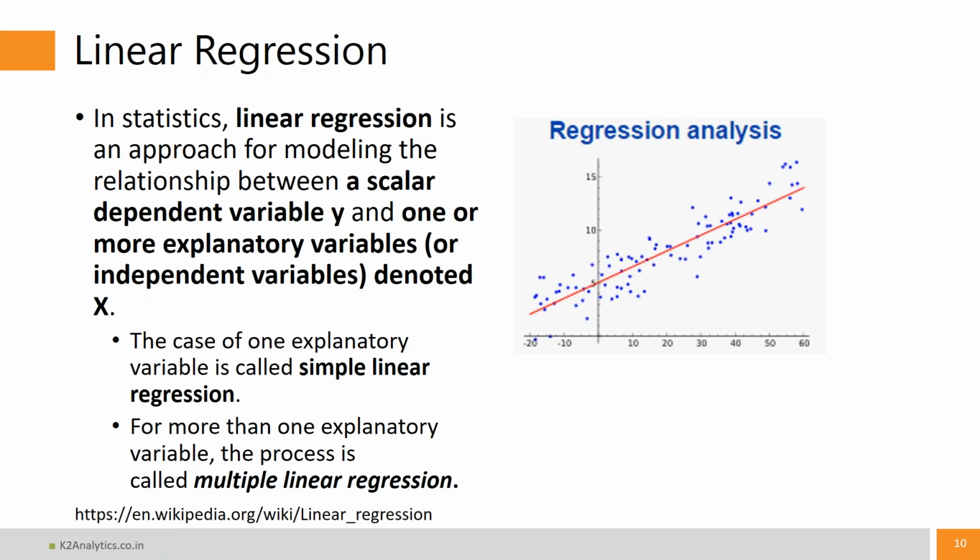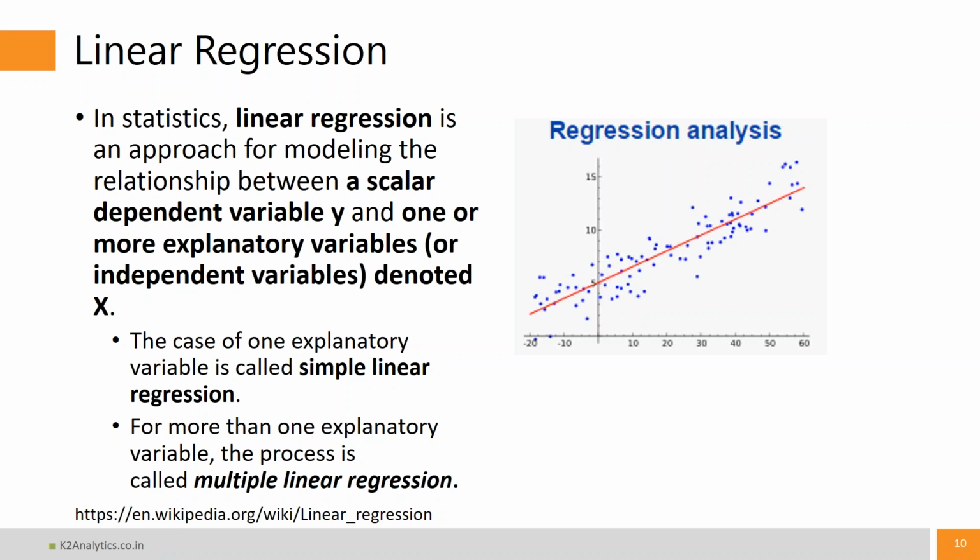Now the x variables are called independent variables or explanatory variables because they help you explain the y, and that's the reason the attributes are called independent variables or explanatory variables.